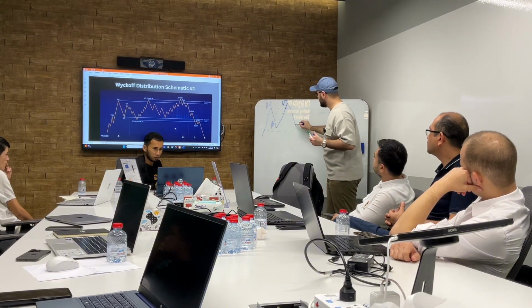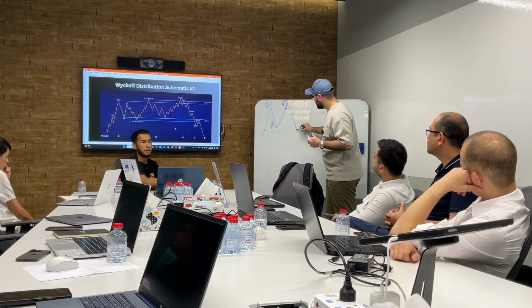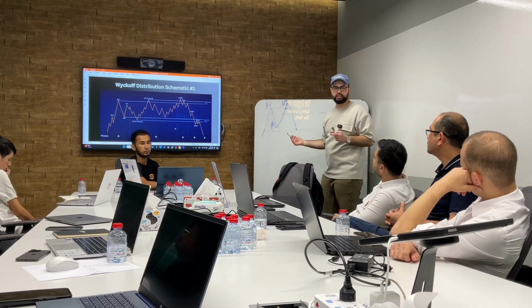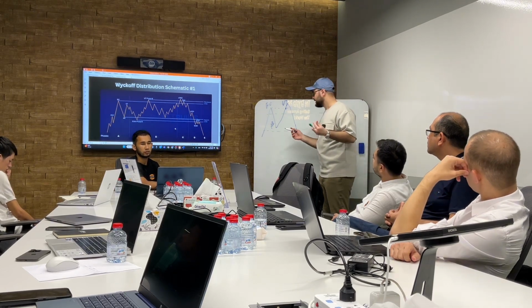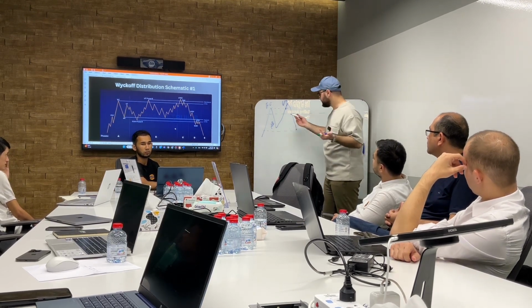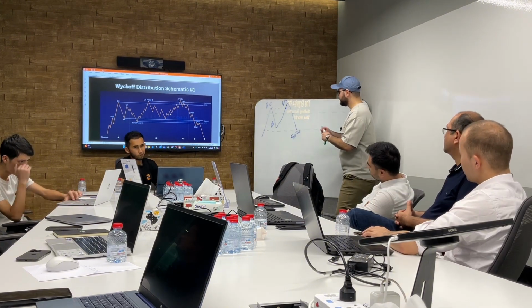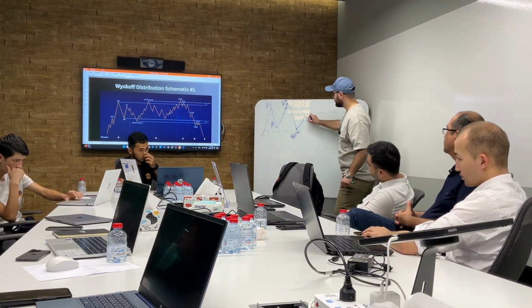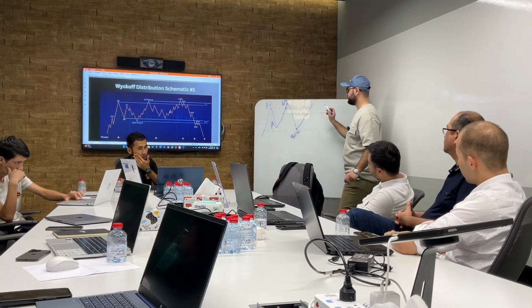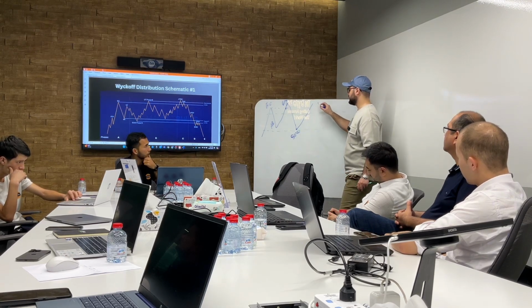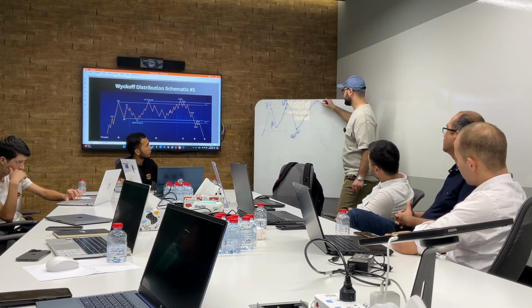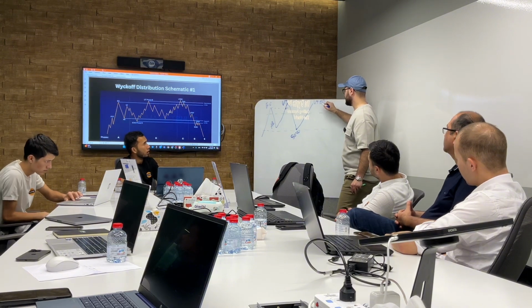Then when we get here, we call it signs of weakness, which means there is weakness in the chart or in the price of any asset. And after that, again, you go for another high.